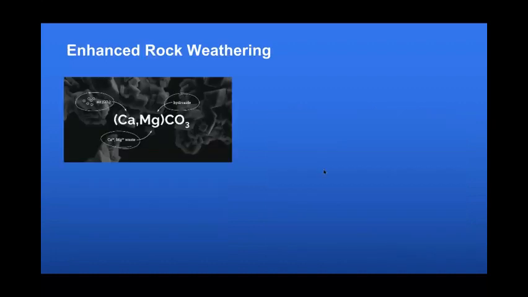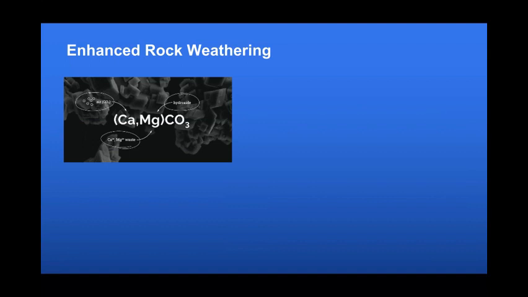I want to talk a little bit about enhanced rock weathering. Rock weathering is a process that happens in nature where calcium in the environment is exposed to carbon dioxide and creates calcium carbonate, or CaCO3. And the same thing happens with magnesium. And generally, if you look at the White Cliffs of Dover, I meant to have a picture of that in here, but I don't.